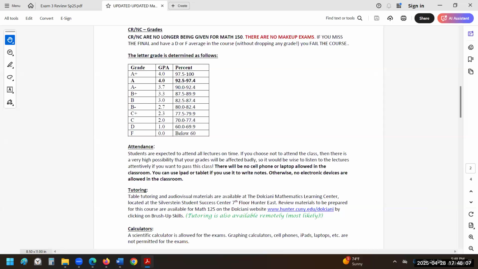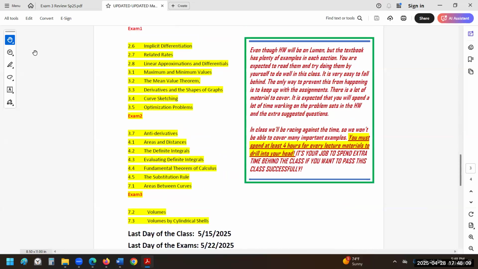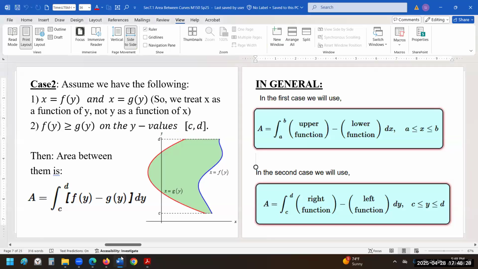We do not have 5 and 6. So yeah, I'm following this syllabus from the department. Or you mean chapters? We skip chapters. Oh yeah, they skip that. I don't know why. Probably because we don't have time and they wanted you to learn the most important information you need to know for Calc 1 students.